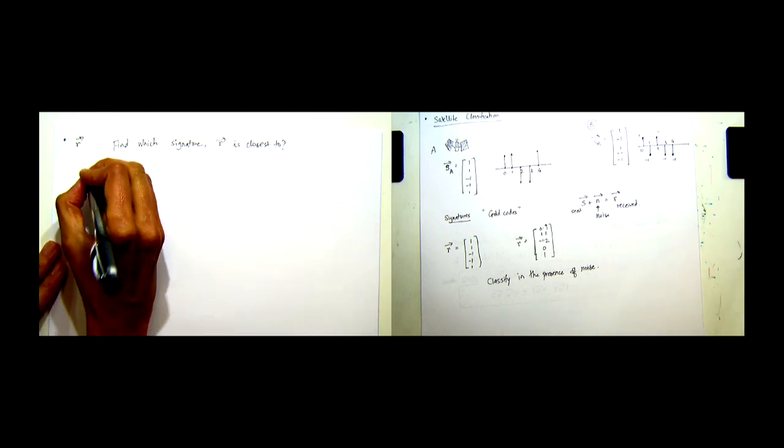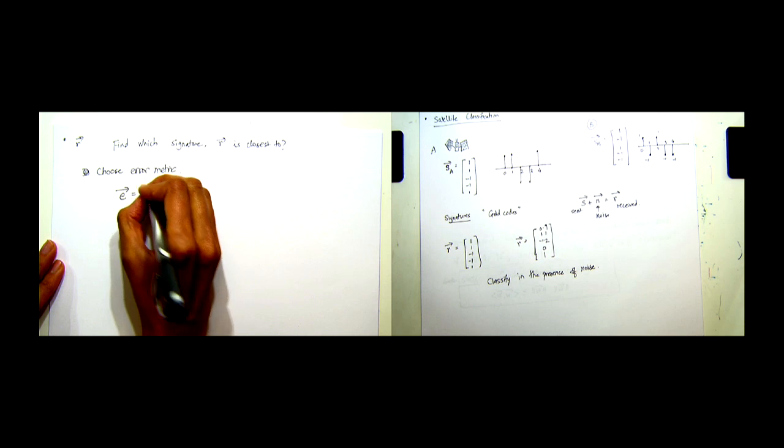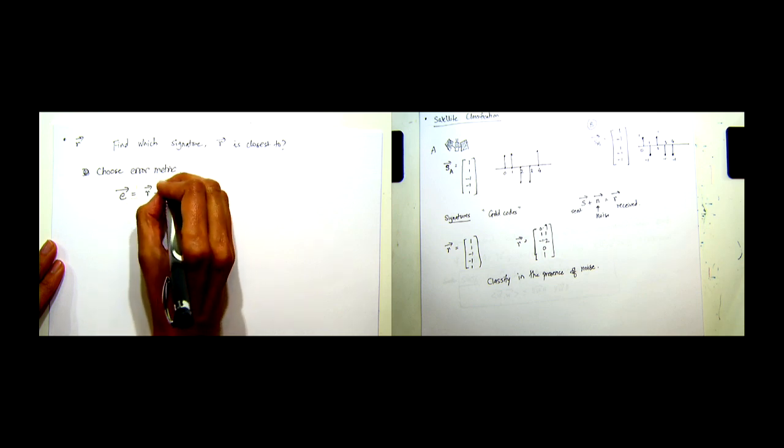I'm designing the system. I'm the engineer, so I get to decide what that metric is. I get to decide on an error metric. So I choose my error metric, and I say, let me define my error E to be basically my received signal minus the satellite signal.